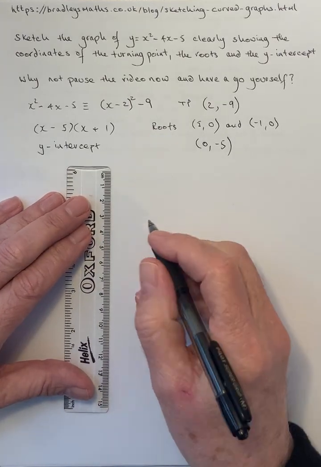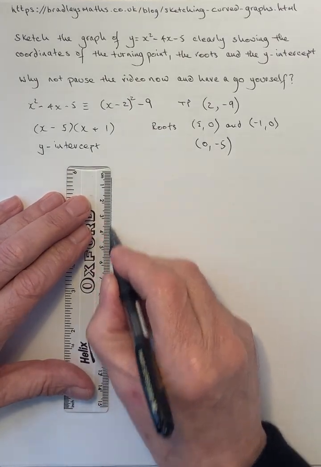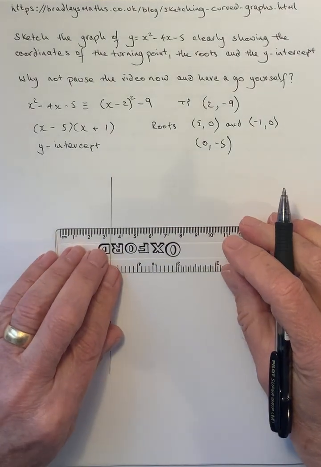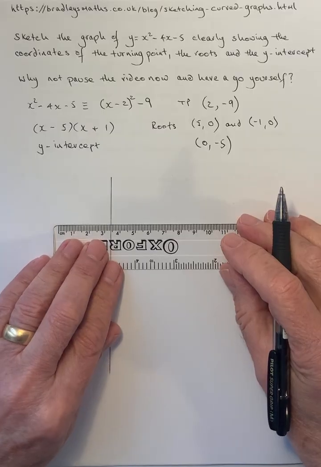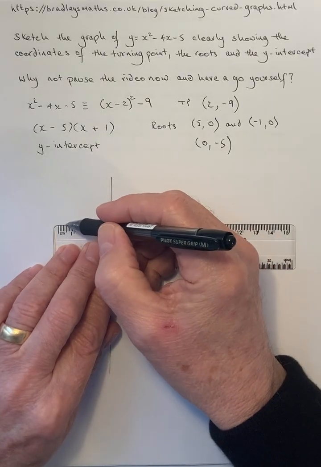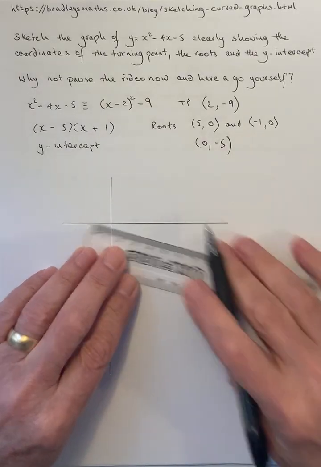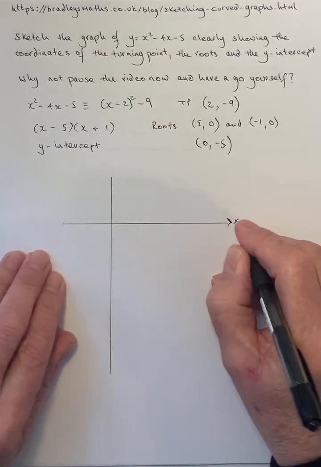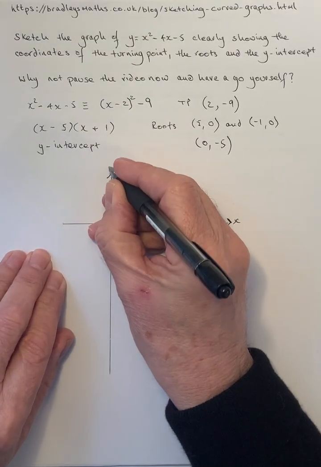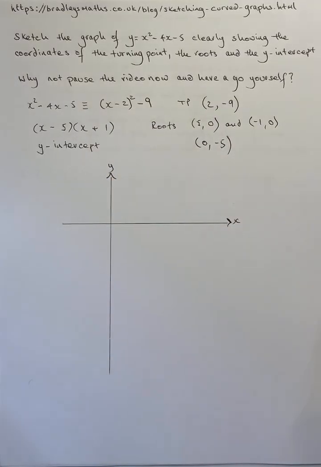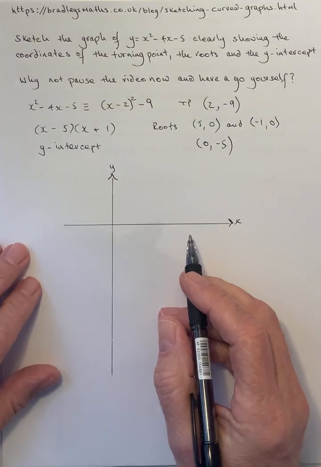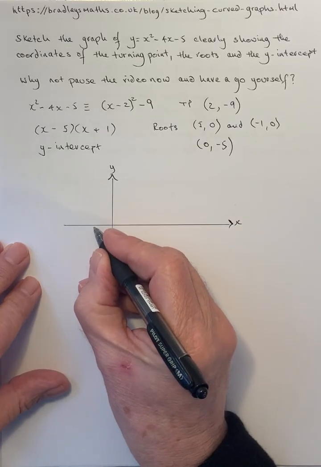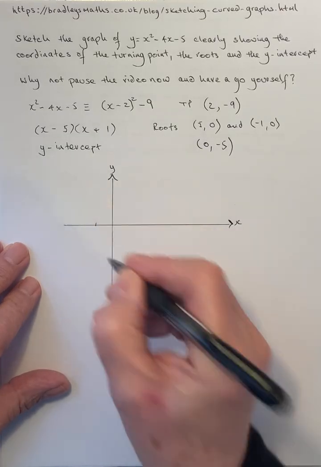So what I'm going to do, I'm going to put my y-axis over here somewhere, and my x-axis around about here, I think. I'm not going to be too fussed about where it is. So that's the x and the y axes labelled. We have negative 1, that's about there, negative 1.